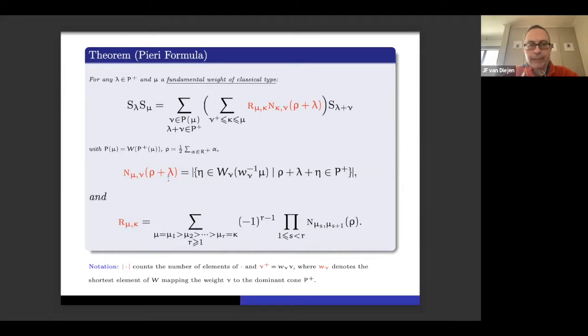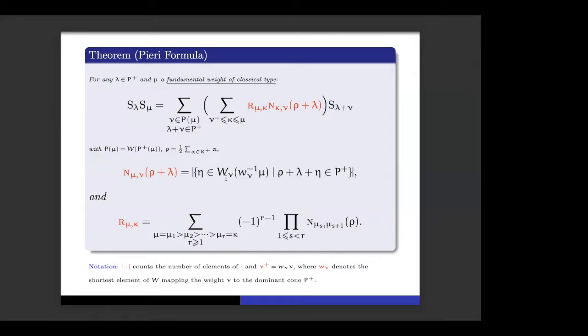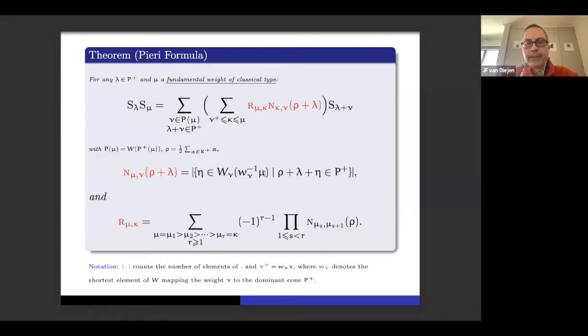This is a basic factor, and it basically counts a small part of the Weyl orbit of mu. First, you have to map mu to the same chamber as nu, and then you act with the stabilizer of nu, and then you count all the elements for which rho plus lambda plus nu is in the dominant cone.